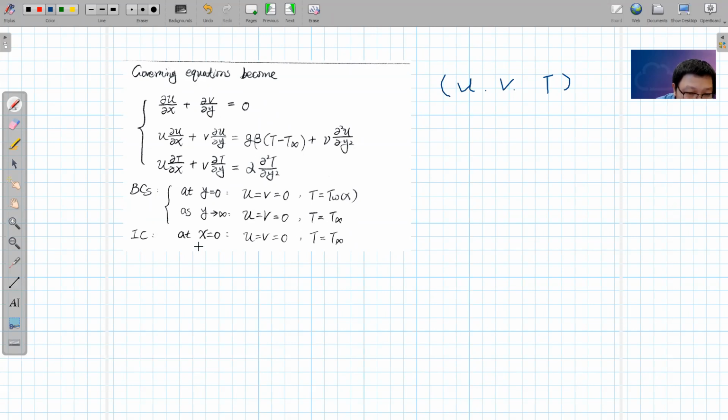We also will have an x equal to 0 location initial condition, where u and v will become 0. So this is the starting point where the boundary layer will begin, okay? And the temperature will be equal to T infinity. So with this equation and these three boundary conditions, we should be able to solve the problem.